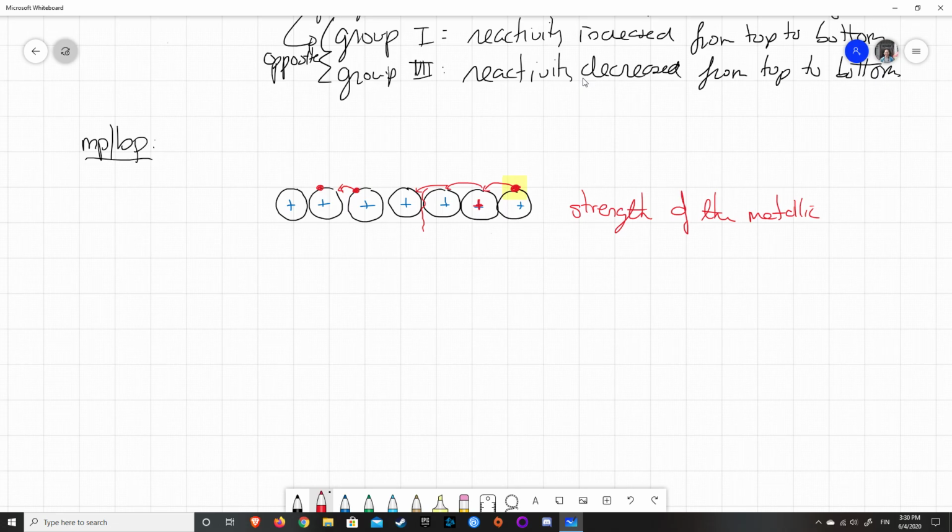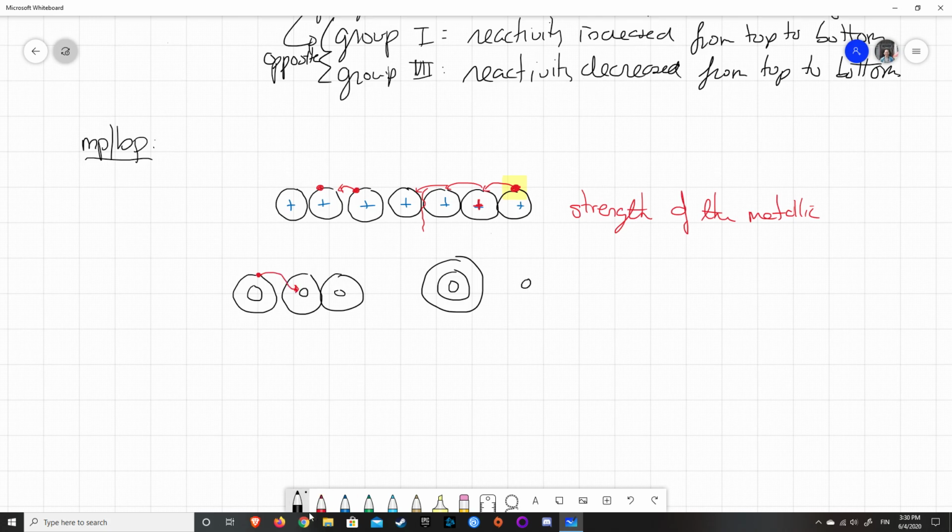Let's say you've got an atom with 2 electron shells versus an atom with 3 electron shells. If you look at this drawing, this electron here can probably still feel the nucleus of its neighbor.